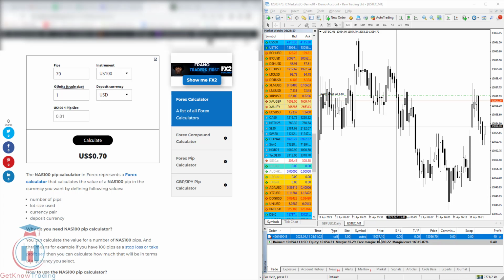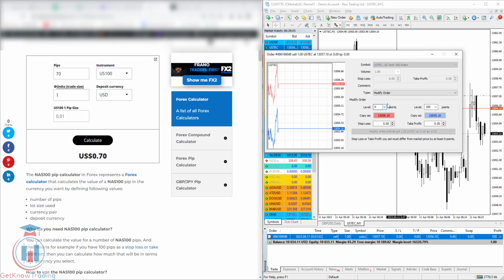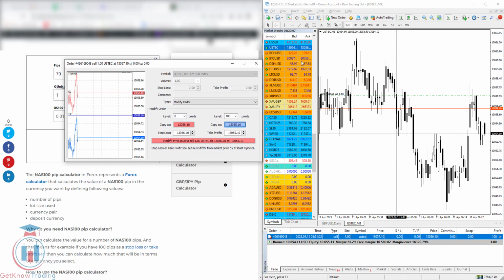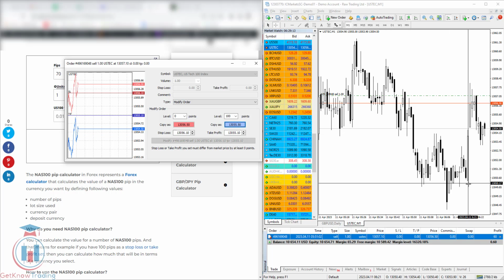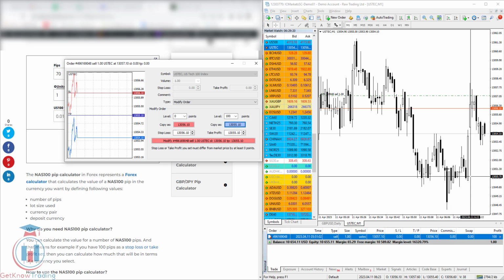So for example, if you want to put stop loss or take profit, you would modify this order. You would put stop loss. Let's move this a little bit left. So I have opened a sell order, which means I am expecting that the price will go down. So I would like to get out of this trade at 13,050.55.